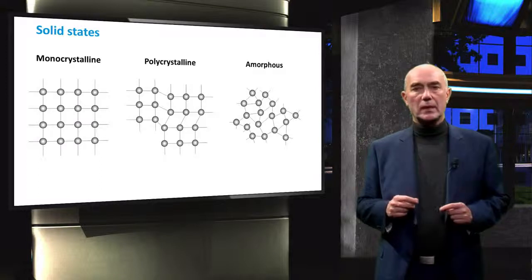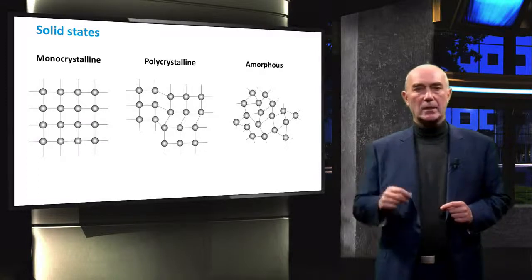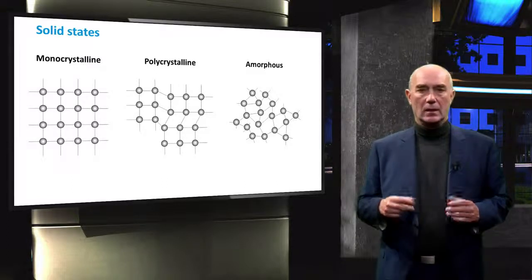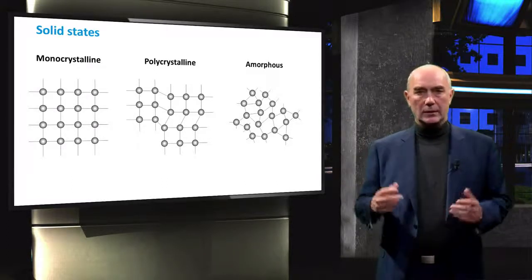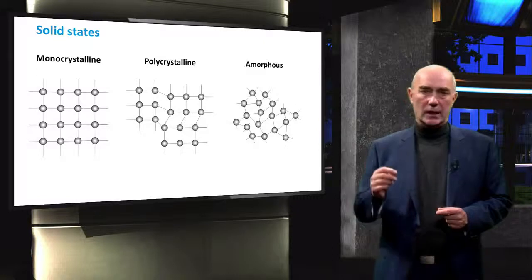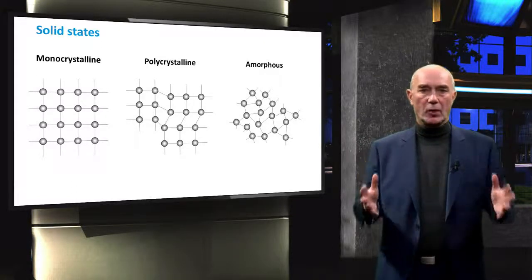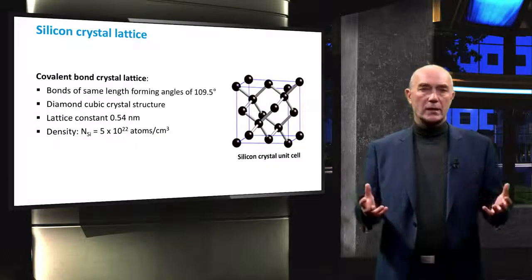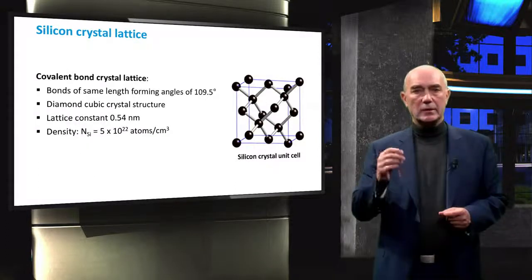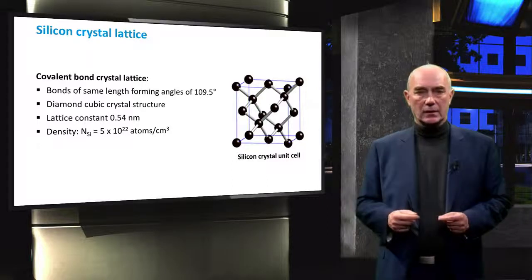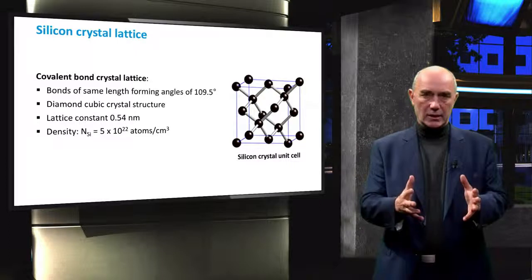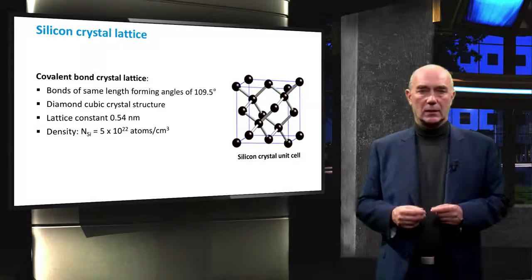It is important to realize that the way atoms are arranged has a great impact on the material properties, both physical and optical. As a result, it will affect the performance of a device. For solar cell applications, we are mainly interested in crystalline solids. In a crystalline solid, we can identify a unit cell or a lattice unit.